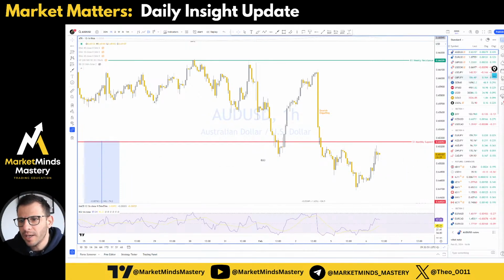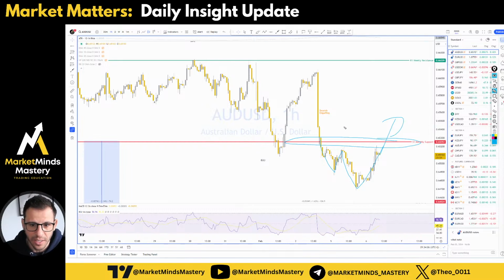Now, what I expected to happen is a move somewhere in this region. If the price breaks to the upside, we do expect it to come and retest this area here. So we're going to trade long all the way up.